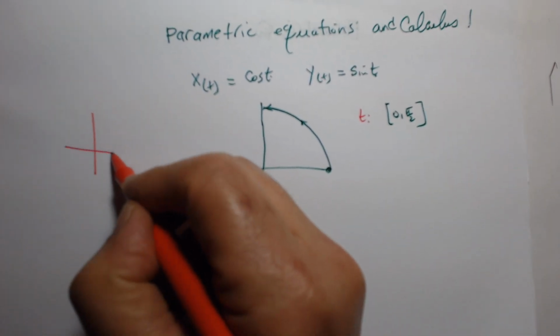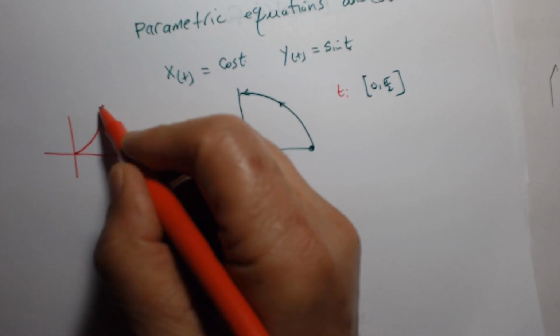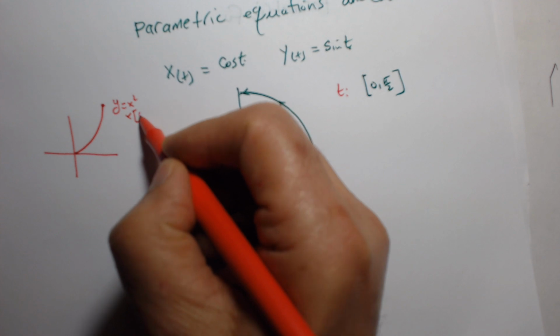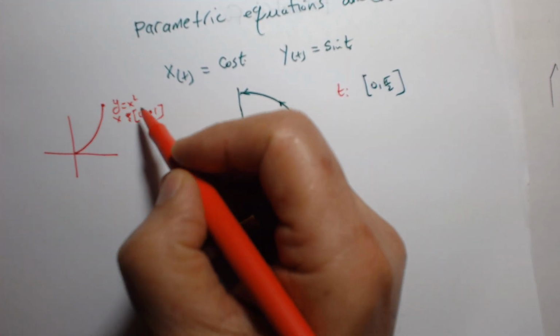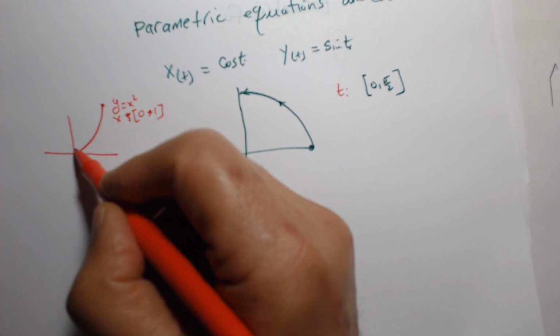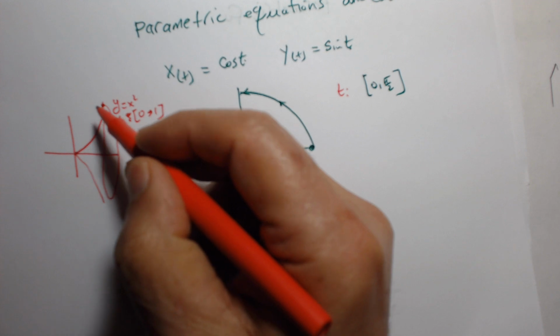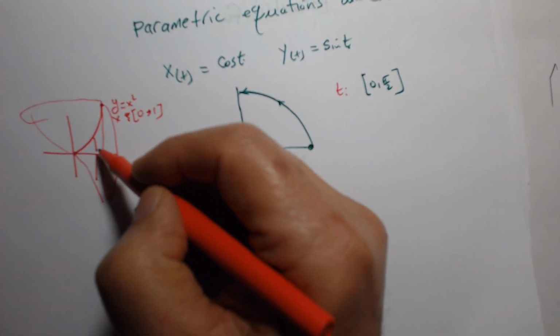Unlike in Cartesian, when you have a curve like y equals x squared with x from 0 to 1, you could take that curve and revolve it around the x-axis or the y-axis and find the volume of a solid.